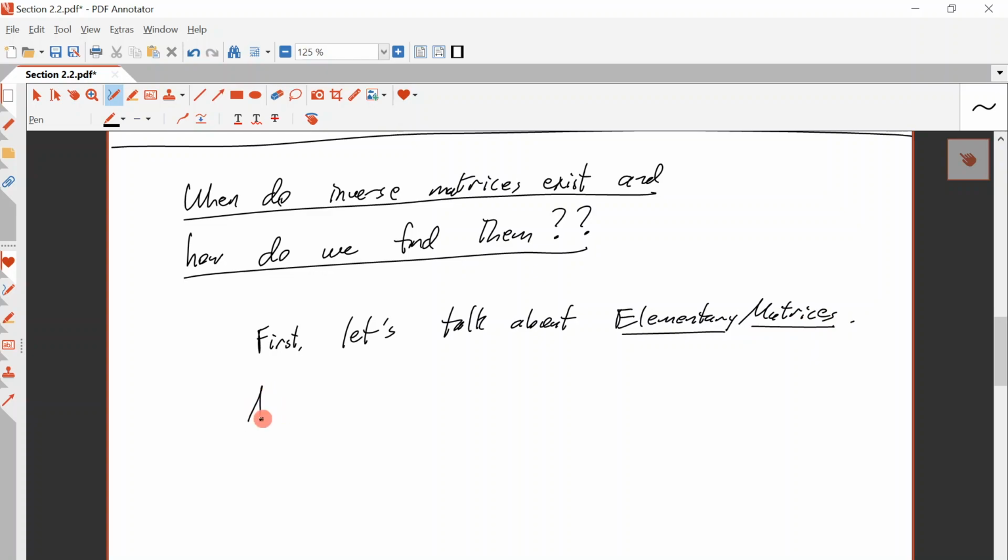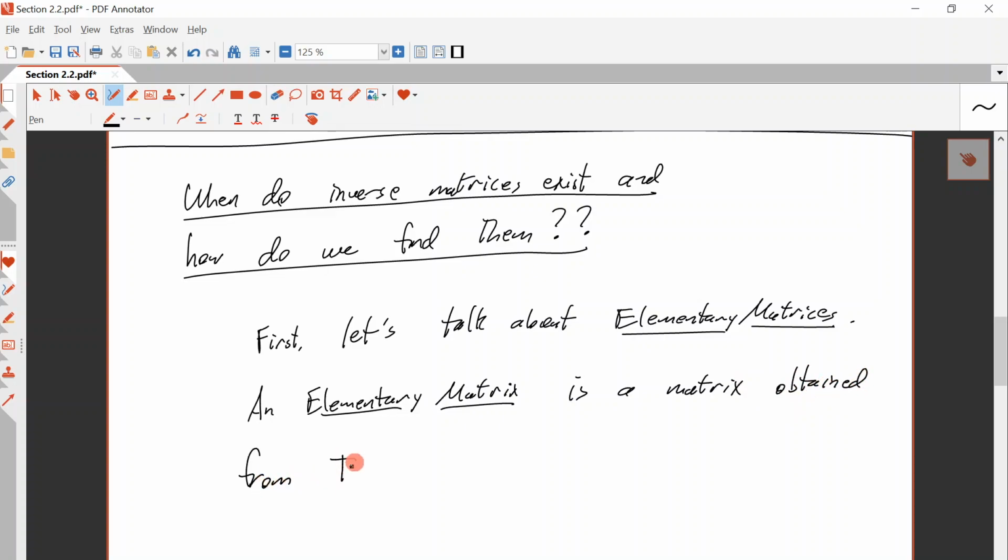Okay, an elementary matrix is a matrix obtained from I_n by performing one elementary row operation.